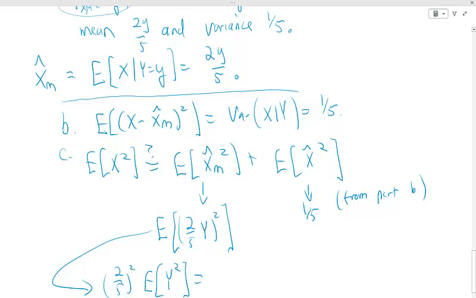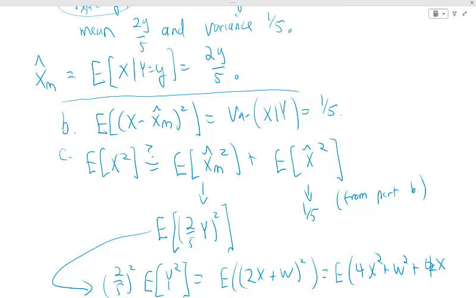Now remember that y is equal to 2x plus w. Knowing that x and w are independent, that's going to get me the expectation of 4x squared plus w squared plus 4xw. Now the cross term expectation is going to be 0 because of independence.